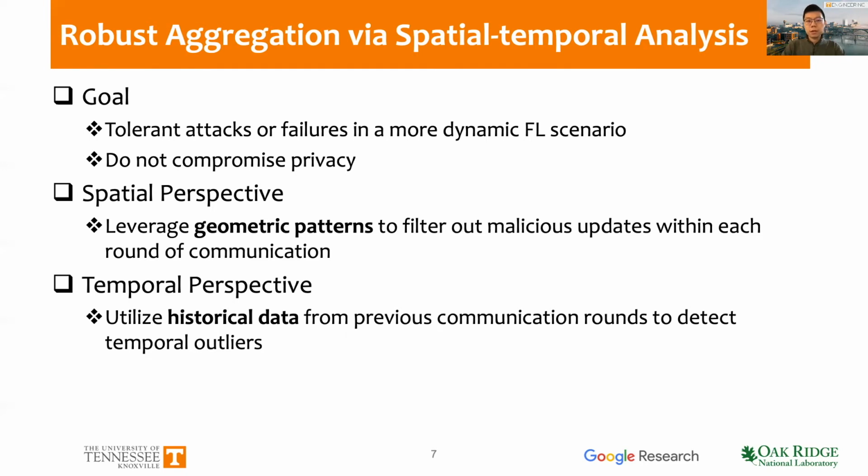To achieve this, our algorithm inspects the clients' updates from two critical perspectives. First is the spatial perspective, where we leverage geometric patterns to filter out malicious updates within each round of communication. And second is the temporal perspective, where we utilize historical data from previous communication rounds to detect temporal outliers.